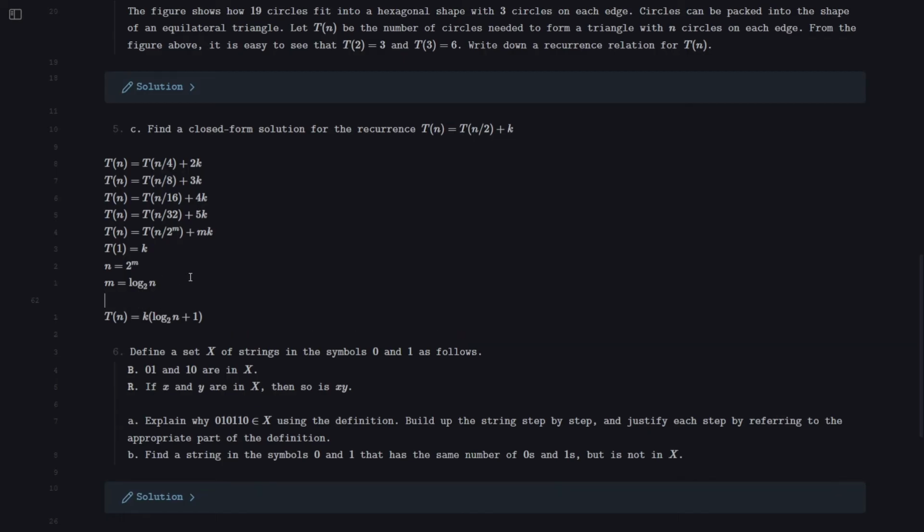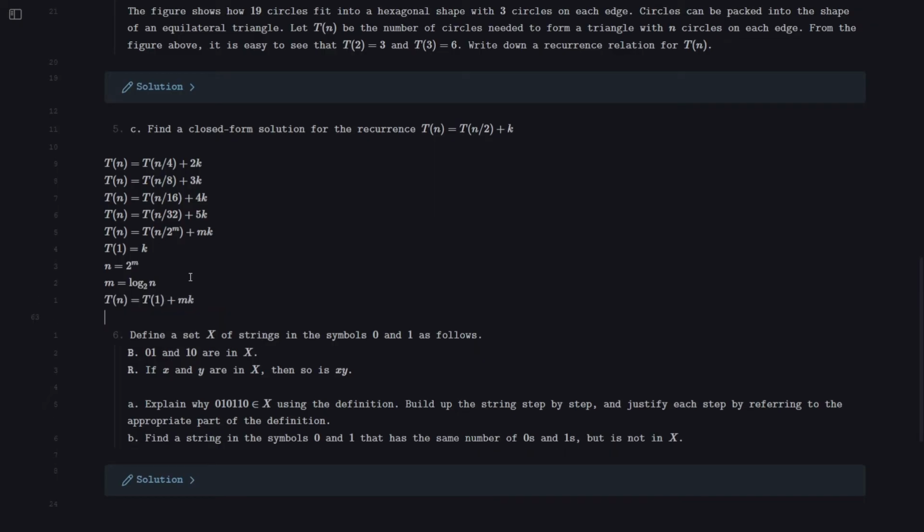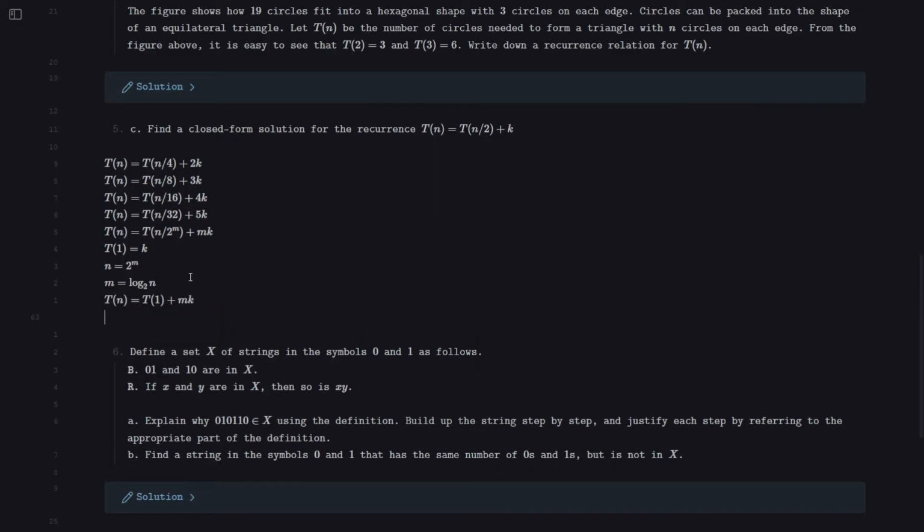And so we can represent the recurrence relation as T(n) equal to T(1), okay, plus mk. So T(n) equals T(1) plus mk, and m, like we said before, is simply log base 2 of n.